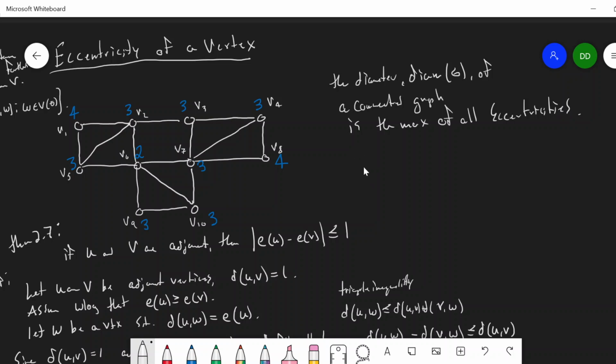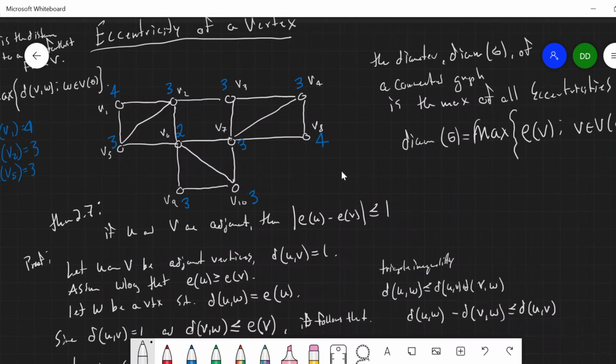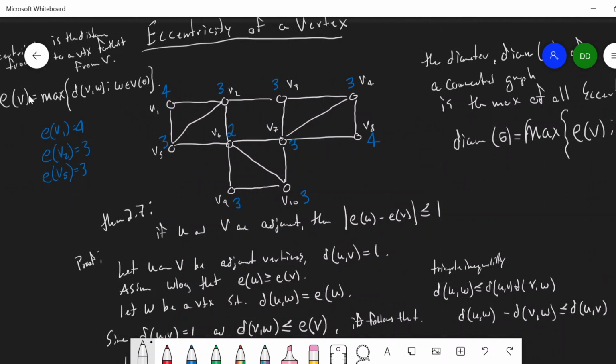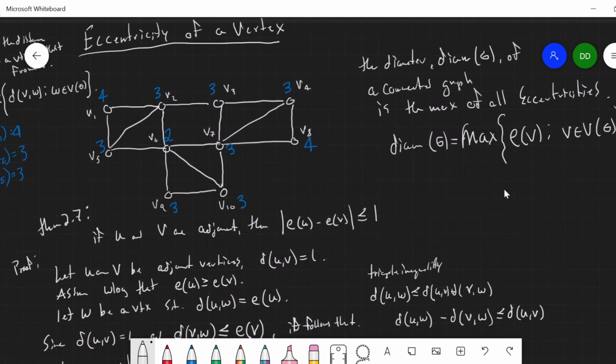So that is the diameter of the entire graph: the max of the eccentricities over all vertices in the graph. Remember, this gets kind of wacky. The eccentricity was a maximum of minimum lengths. Diameter is the maximum of all of those maximum minimum lengths over all vertices in the graph.